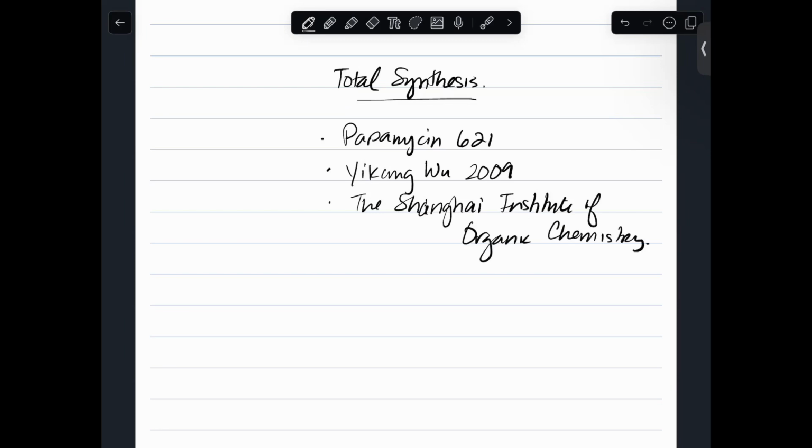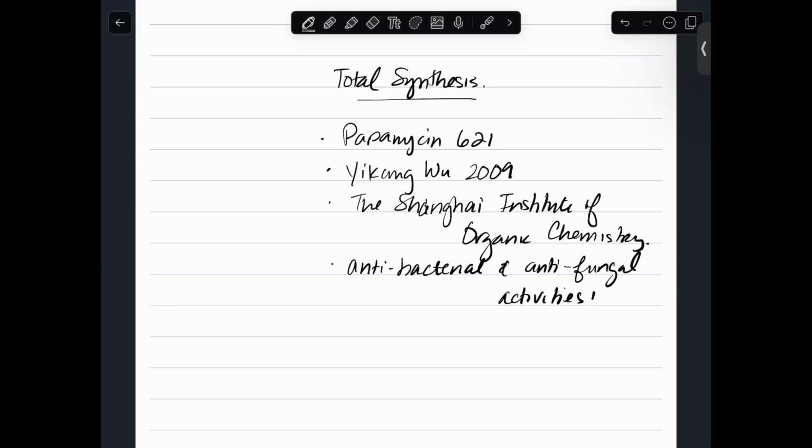Papamycin 621 is actually known to exhibit antibacterial and antifungal activities. Let me write that down. And so there's been this huge interest in the molecule since the 1990s.